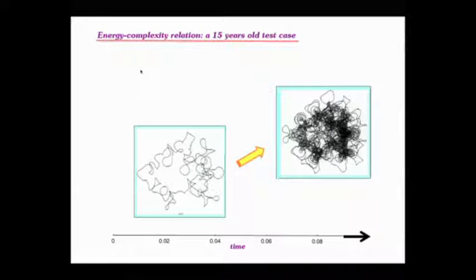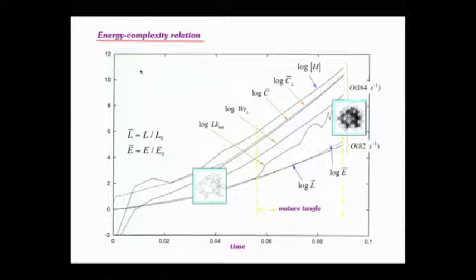I will refer to this test case that for me is still a very educational example. So we put energy, mind you, we put energy in it, and we provoke this entanglement to a point where we start to say, okay, this is a mature tangle. And when it's mature, we are ready to take measures. And what kind of measures could we take? Well, we took the measures we had at the time.